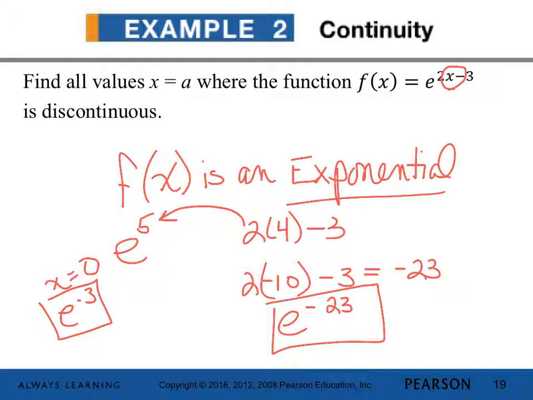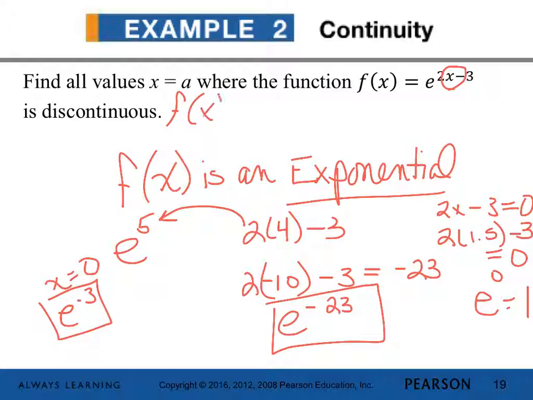And even if 2x minus 3 were equal to 0, which would happen if x was 1.5, still, e to the 0 power, just like everything else to the 0 power, is equal to 1, so it's still defined. So f of x, this particular f of x, e raised to the 2x minus 3, is never discontinuous.